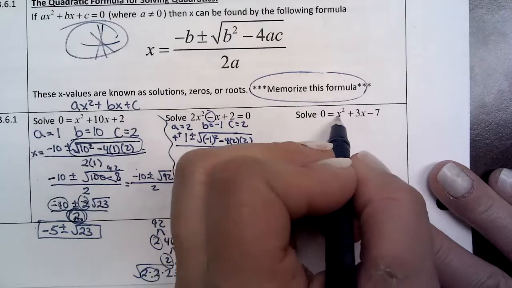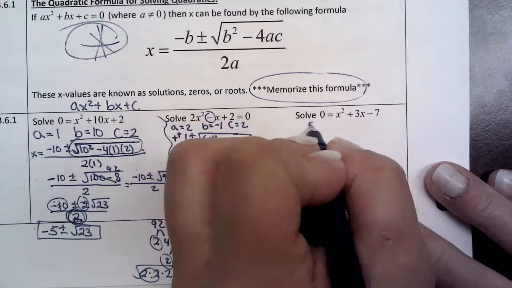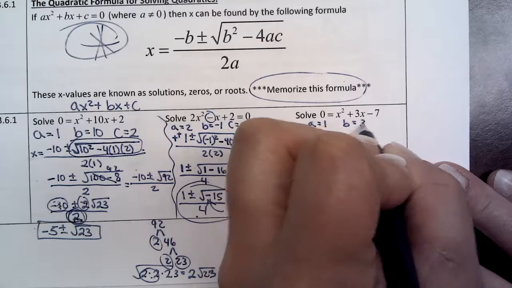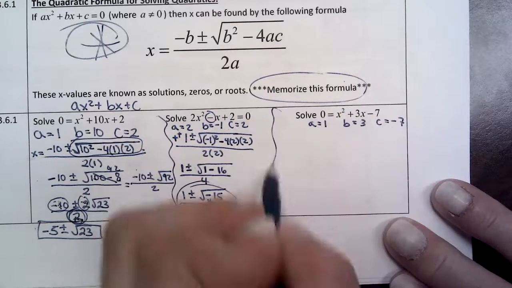So this last problem here, my A is 1, my B is 3, and my C is negative 7.